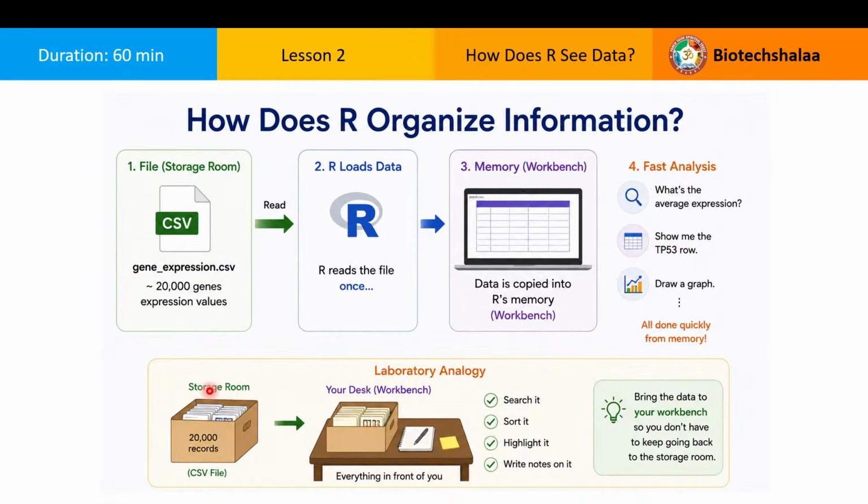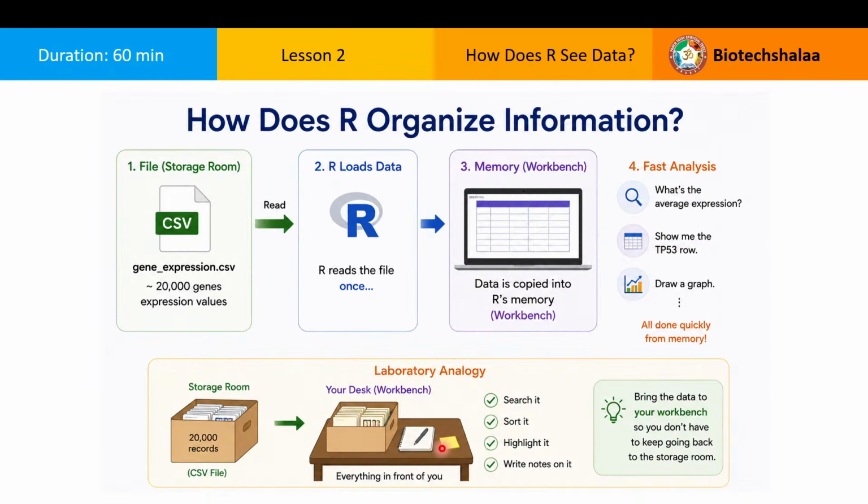R does exactly the same thing. This CSV file is just like that storage room. When R reads this file, it copies the data into your computer's memory. Are we understanding the point, that this file is just like that storage room? R copies the data from this file and keeps it in your computer's memory.